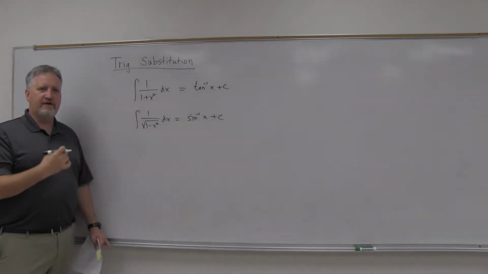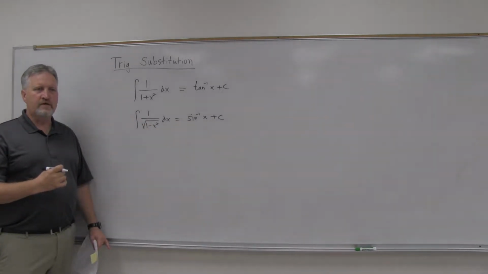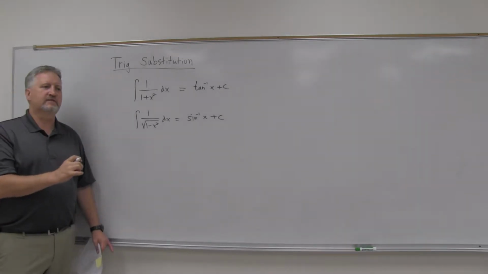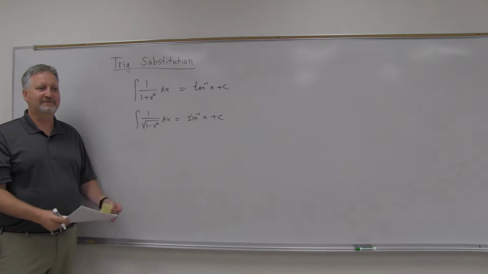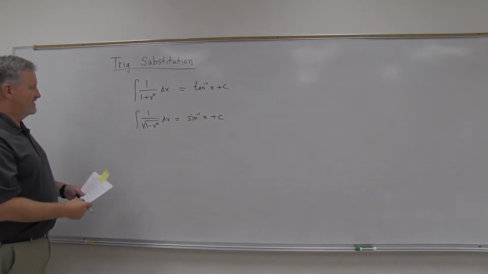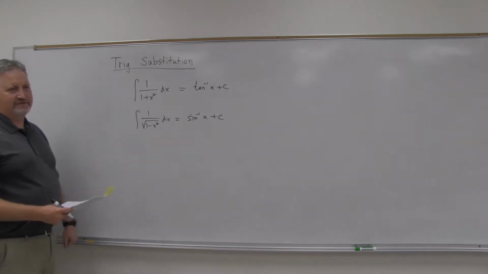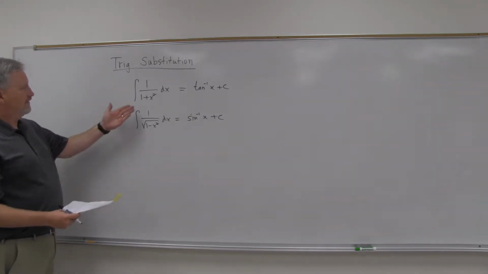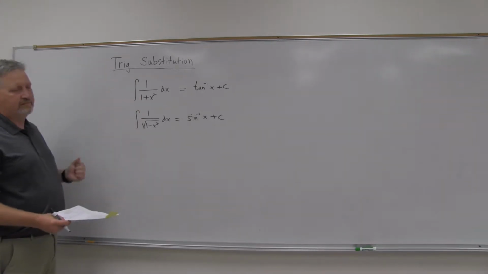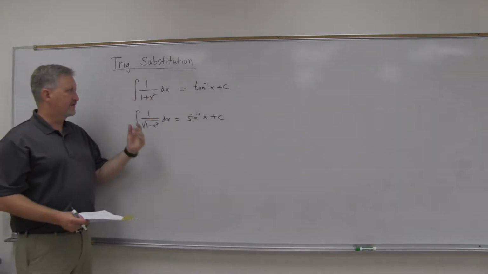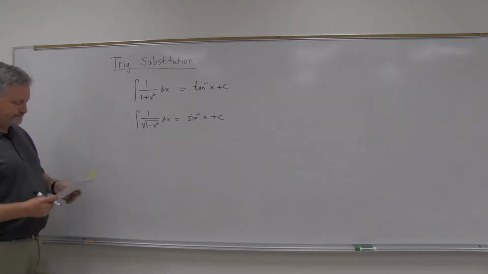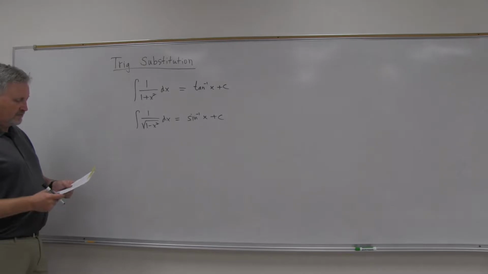Well, what if we have one that's kind of close to that, but not quite? As you know, close doesn't count a lot of times. Sometimes those just don't happen to work. If it's 1 over 9 plus x squared, there is a way of doing that one. But what if it's not quite that?